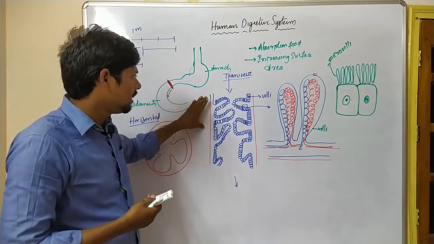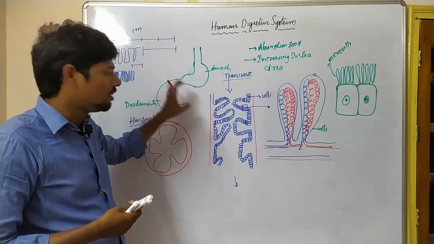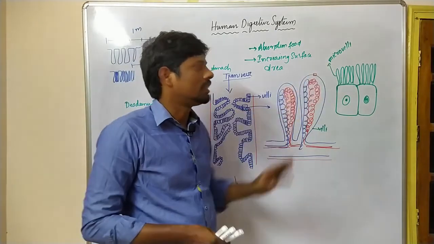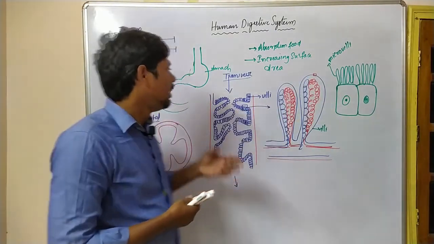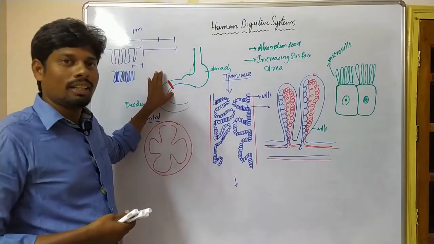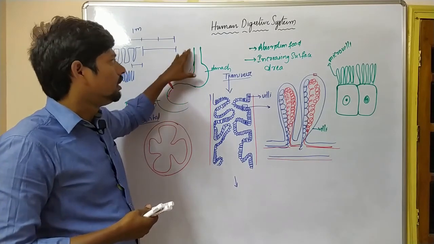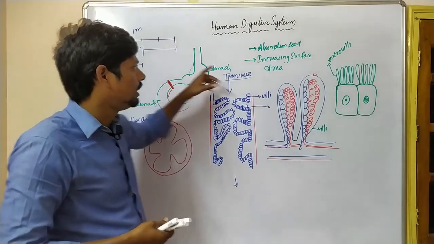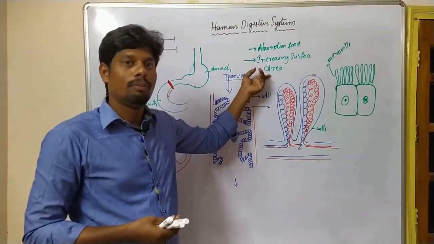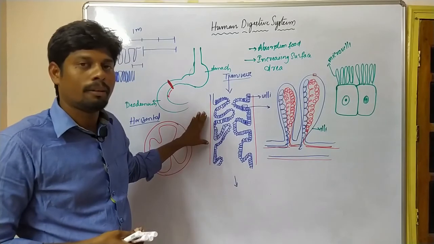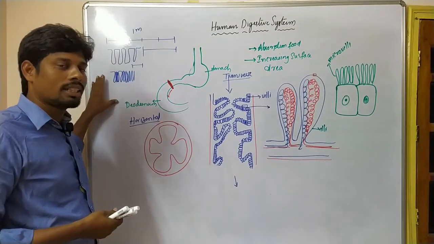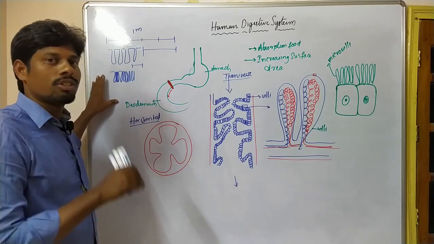That's why the internal structure of the small intestine gets folded many times and forms the microvilli. In this way, the small intestine is arranged in the human digestive system for absorption and increasing surface area. So, these are the internal structure of the small intestine and also the stomach.